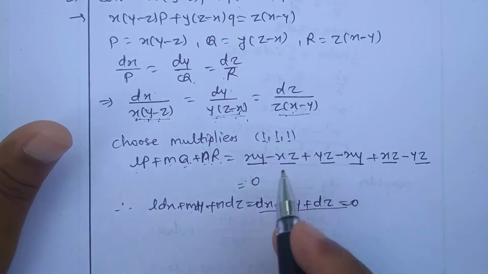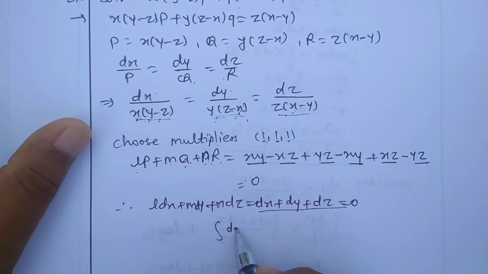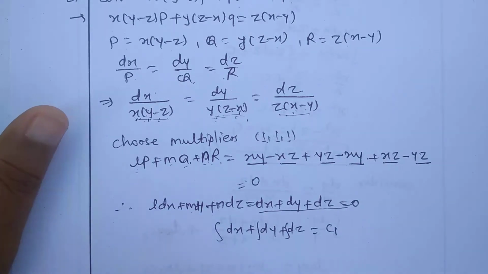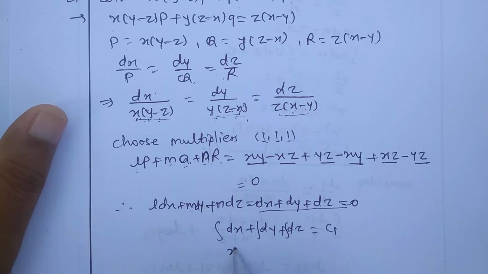We can directly integrate this: integration of dx plus dy plus dz equals some integrating constant c1. The integration of dx is x, integration of dy is y, integration of dz is z, equals c1.